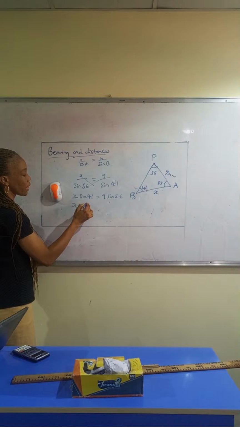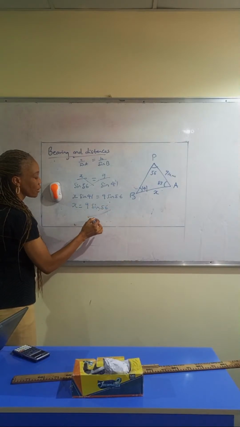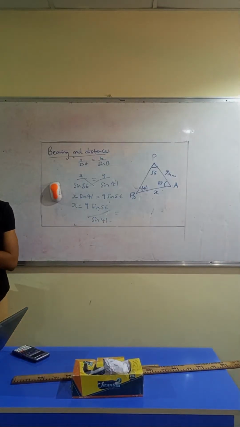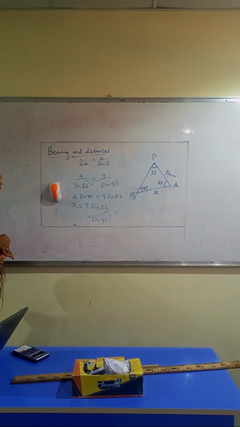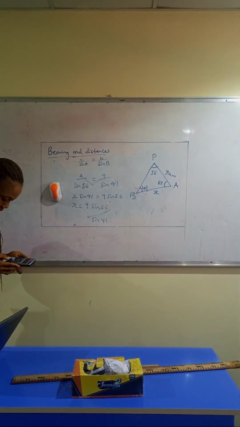Then x will be 9 sine 56 over sine 41. Let's use our calculator and check that.